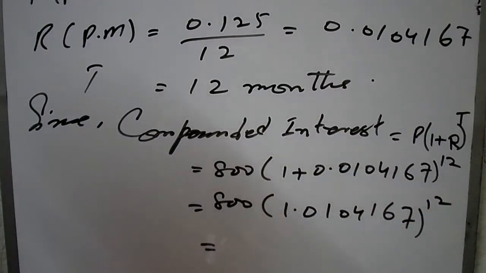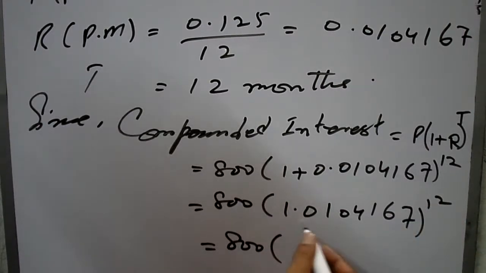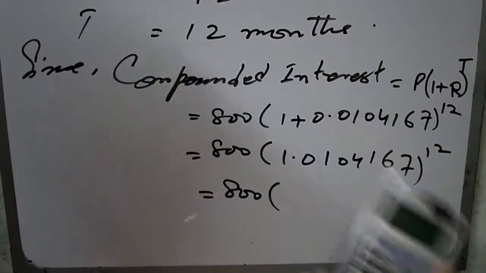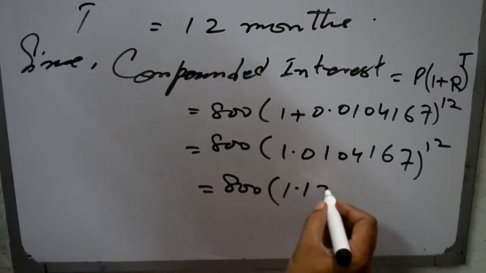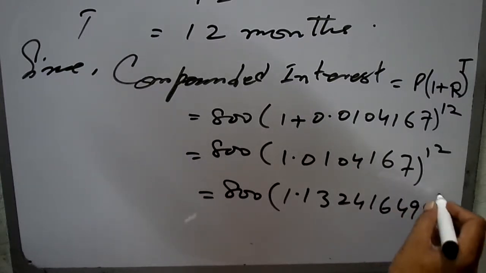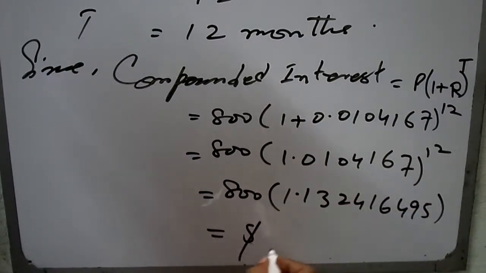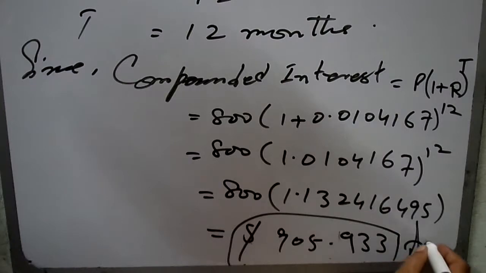By simplification with the help of a calculator, you remove the power 12 and you will get 800 into 1.132416495, and the result is $905.933. So that is your required result.